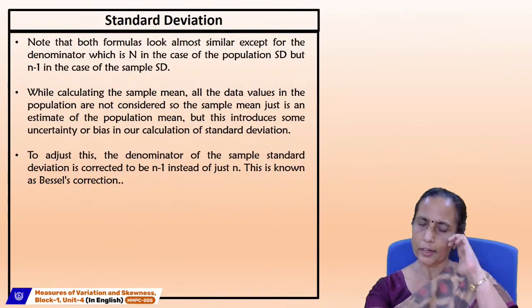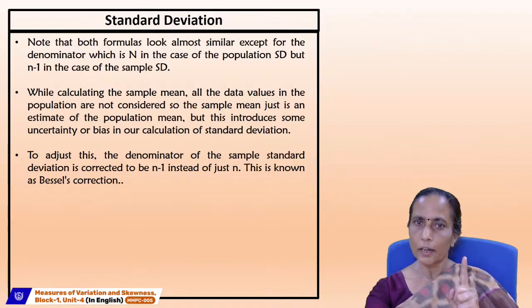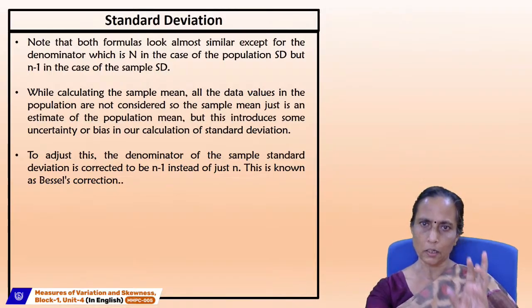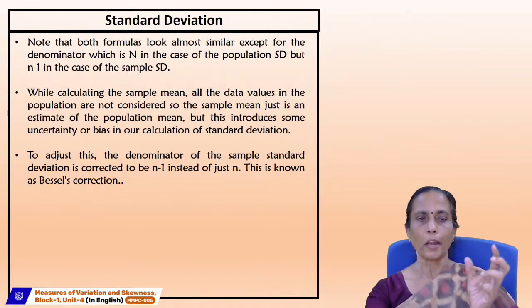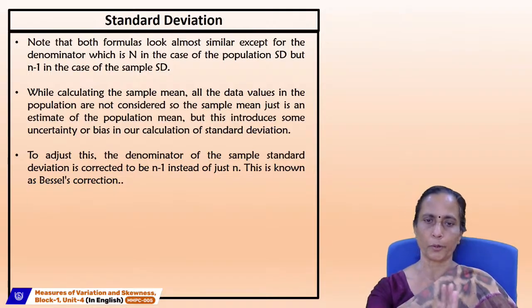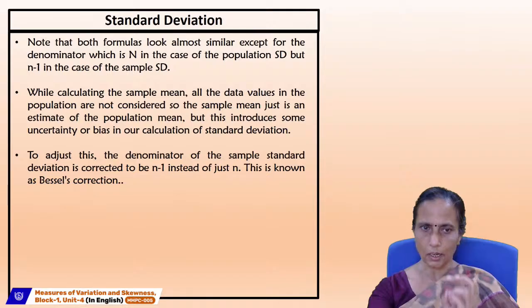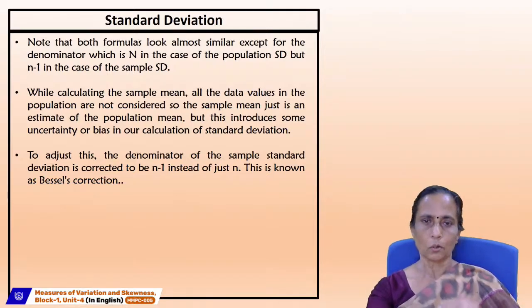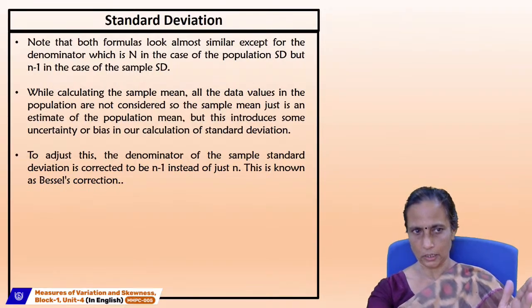While calculating for the population, we are taking into consideration the size of the population, but in case of our sample, we are using n minus 1. Why are we doing that? Following Bessel's correction, to make our sample standard deviation corrected to n minus 1, to have the unbiased estimate for our population.